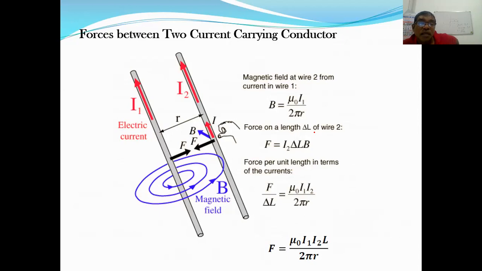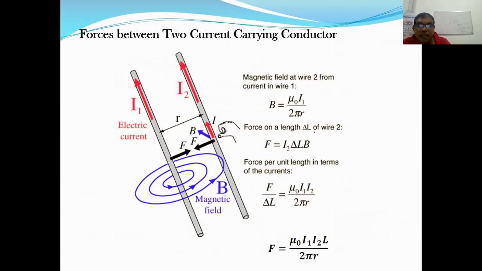In the second current carrying conductor, the current is equal to I2. Now there is a current carrying conductor and a magnetic field perpendicular to it. Then there is a force. The force is equal to I delta L B, where B is the magnetic field due to conductor 1.